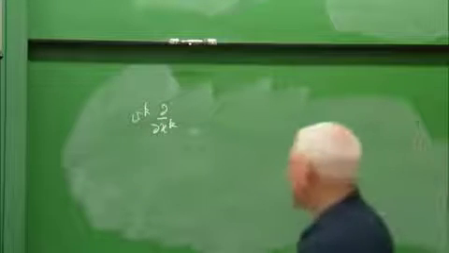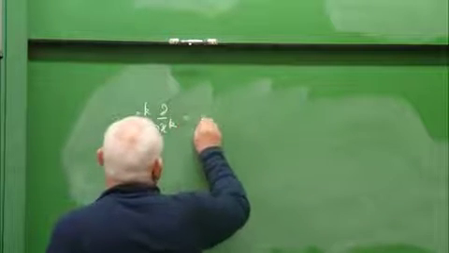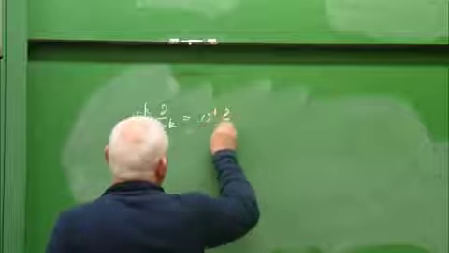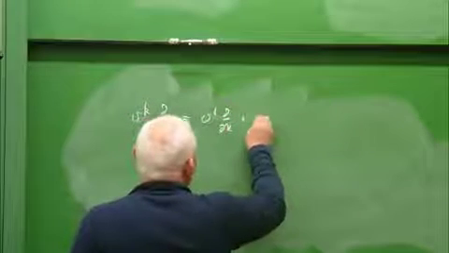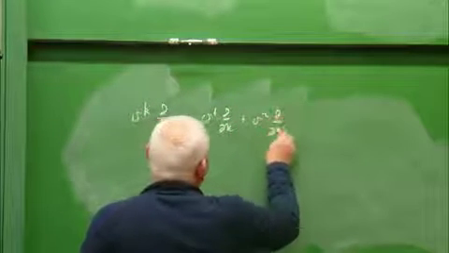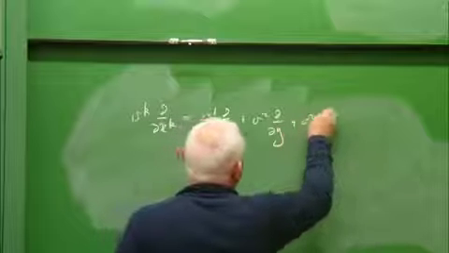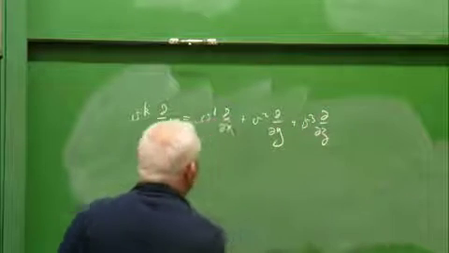Right? And this is v1 d by dx plus v2 d by dy plus v3 d by dz.